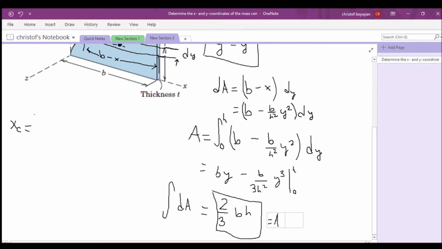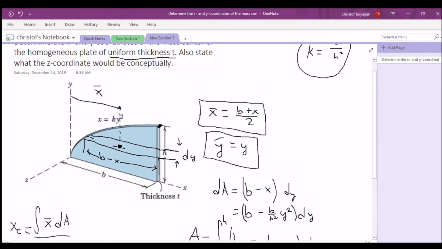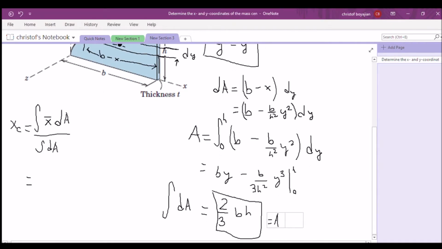Now remember, it is the integral of all of our x bars and all of our dAs multiplied together, divided by the integral of all of our dAs, which we have already found. You should know that. Okay, so let's go ahead and plug in everything that we have. We already know everything. We have our known values. We have our x bars, and we have our dAs right here.